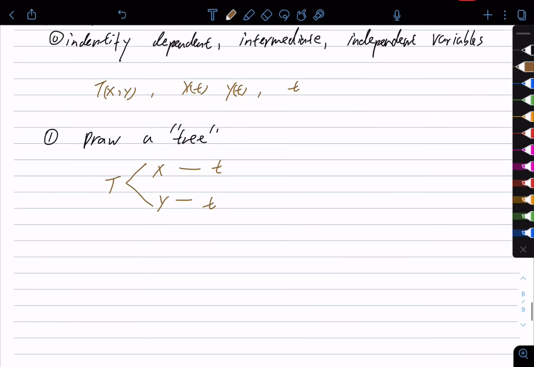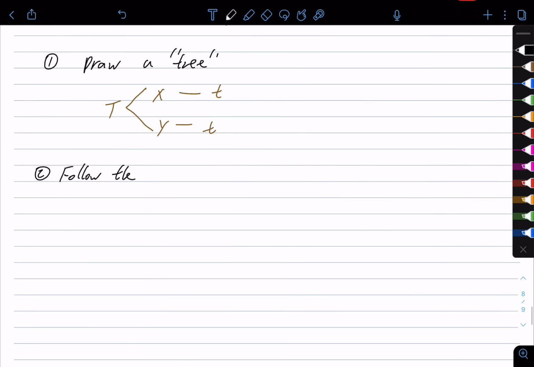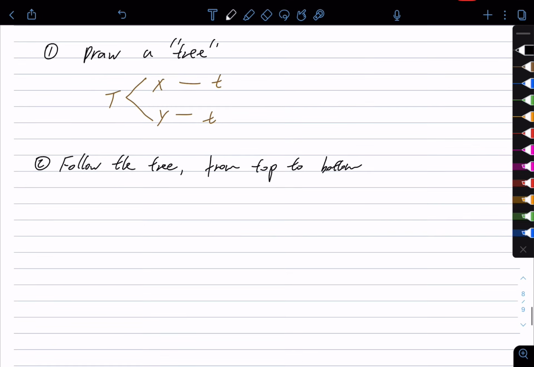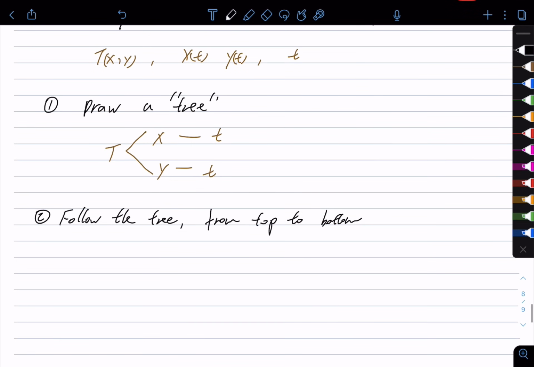The second step is to follow the tree from top to bottom, from the dependent variable to the independent variable. Let's trace that down. We go from the top to x, and then from x to t, and likewise from y to t.